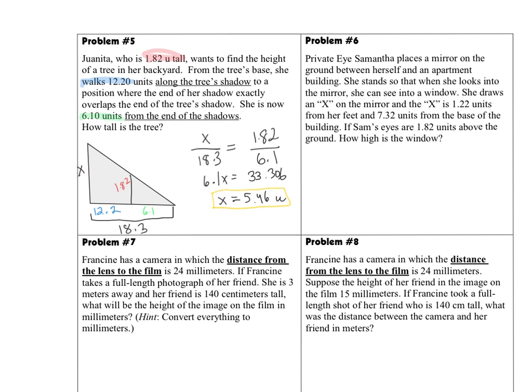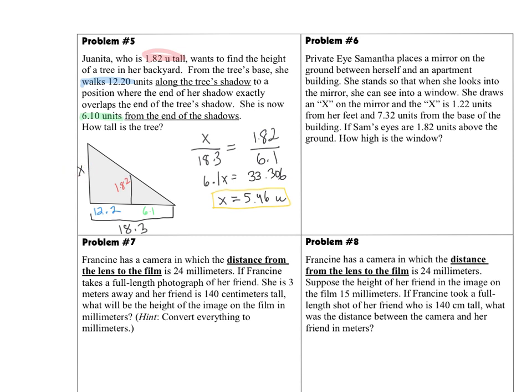So what we need to look at first is the distance from the tree to where she is standing, which is 12.2, and then the distance from where she is standing to the edge of the shadows is 6.1, and so we need to add those together to get 18.3, and then we have enough information to set up the proportion.